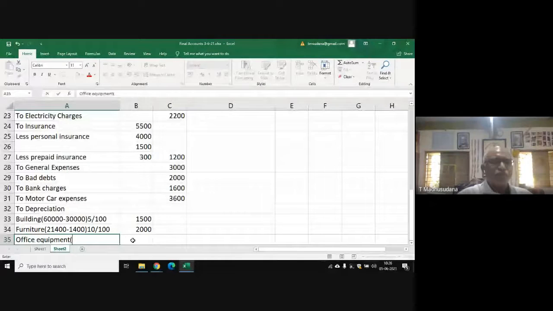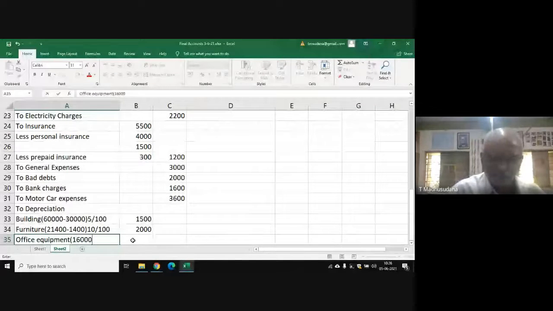Office equipment given in the trial balance is 16,000.